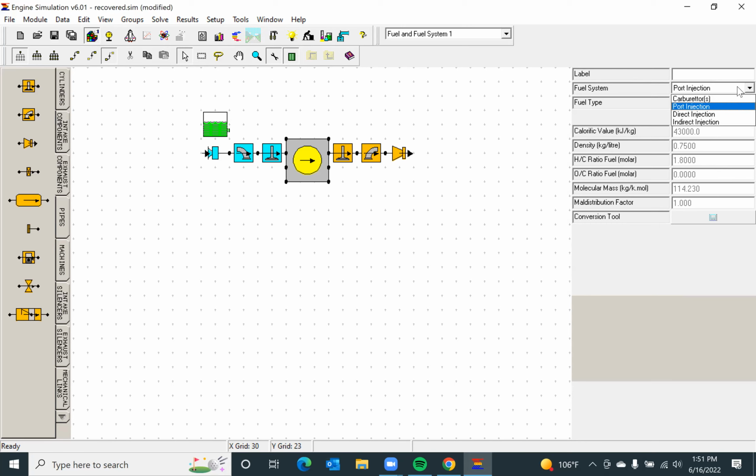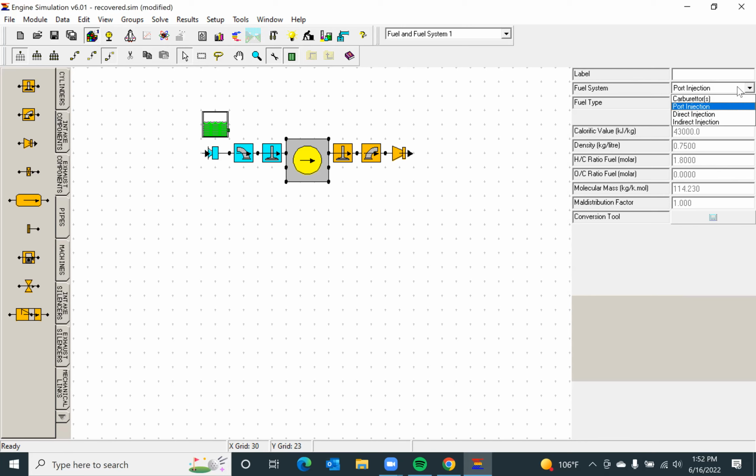So in diesel engines, as you know, only air comes in, and the air is compressed at a high compression ratio, so the temperature is very high, pressure is very high. At that time, we are injecting the diesel fuel, a very fine atomized spray of the diesel fuel. There are two ways to inject.